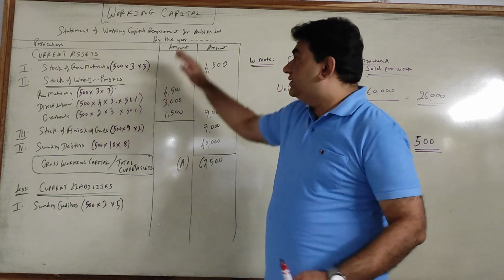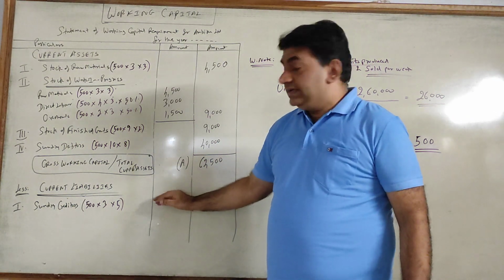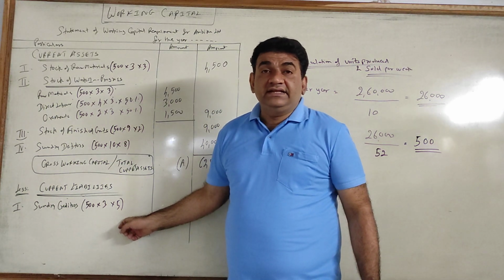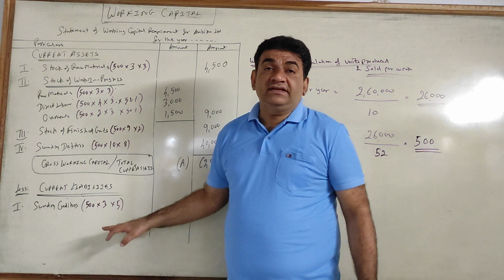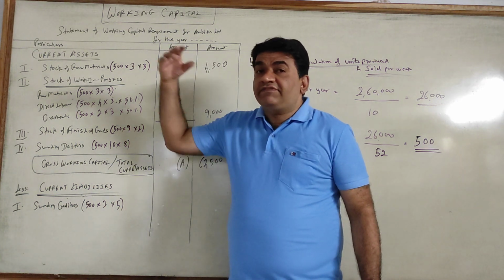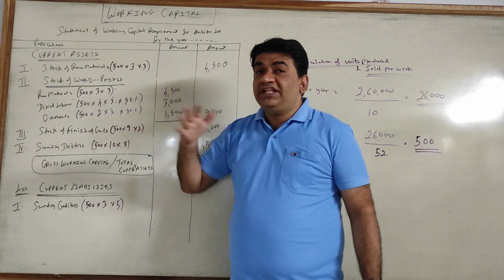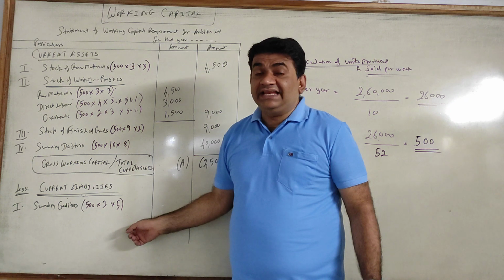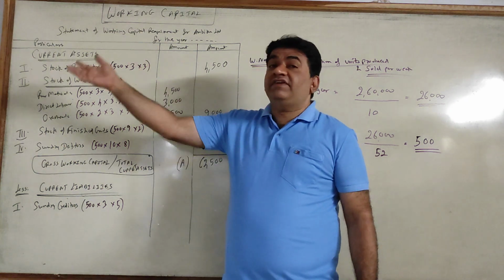See here, my money was blocked. Here, why I am deducting, understand the logic? Because I will be saving here. I am the creditor. If I am the creditor, I am enjoying the credit. So the person from whom I bought this material, I will have to pay him after 5 weeks.